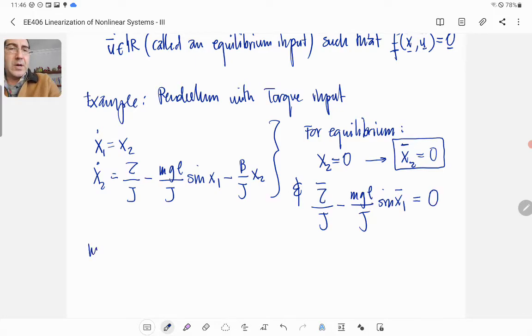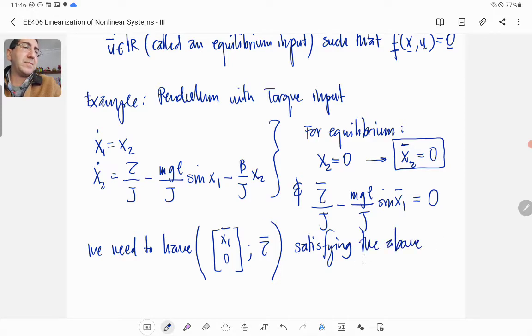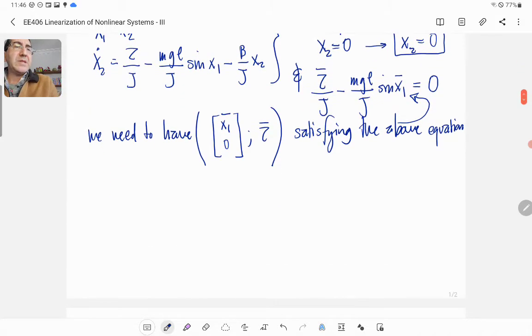Okay, so we need to have essentially pairs: x1 bar, 0 equilibrium state and equilibrium input pairs satisfying the above equation. Now, what does that mean?